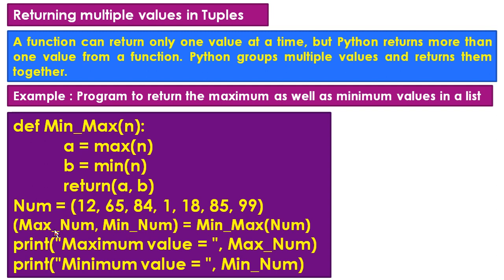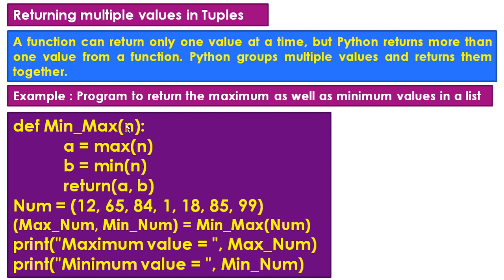By using the tuple assignment statement, max num and min num, these are the two variables that are enclosed with a tuple symbol, parenthesis, that is equal to min max of num. Here min max of num is the calling statement, calling the function. It calls the function, so the control transfers to min max. The set of values num is passed through n.